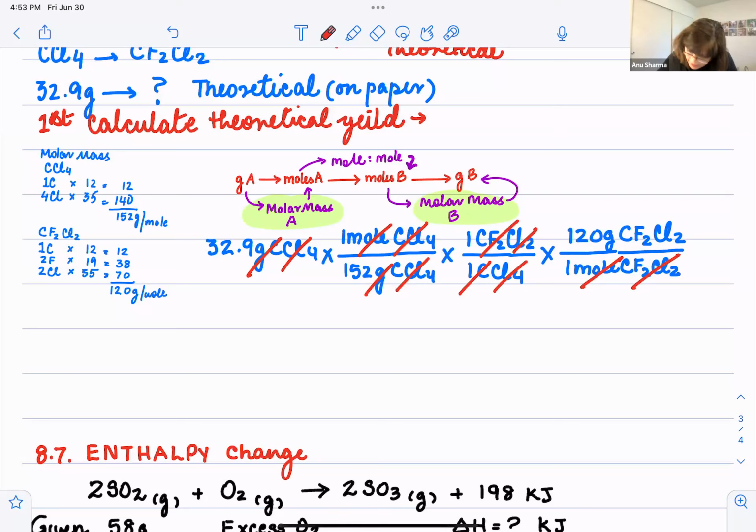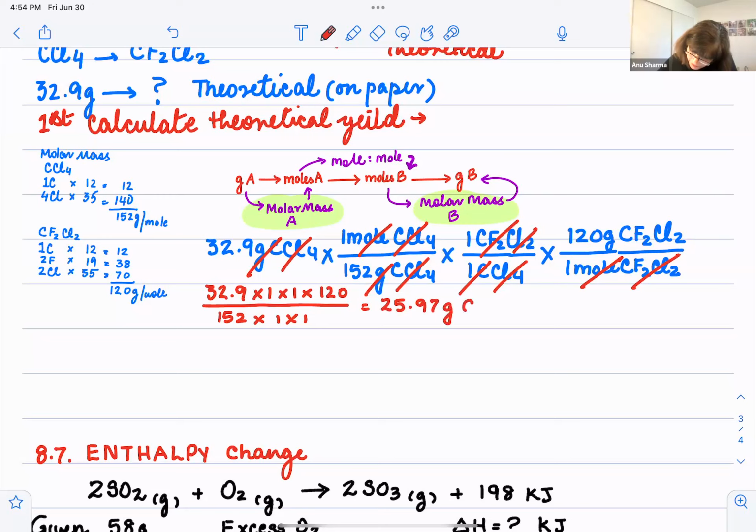So let's see what we get: 32.9 times 1 times 1 times 120, divided by 152 times 1 times 1. 32.9 times 120 divided by 152 gives you 25.97 grams of CF2Cl2. That is the theoretical yield.